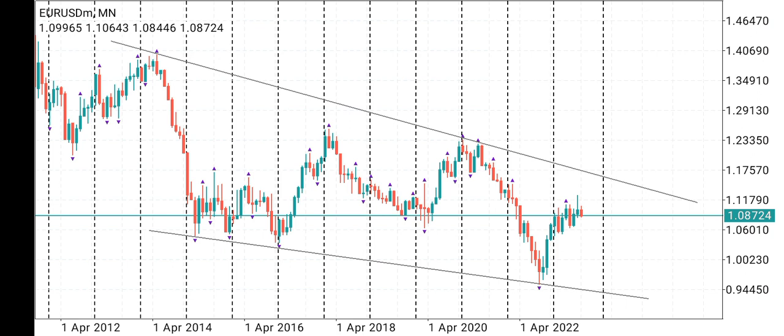So from the monthly outlook on EURUSD, from the channel here, you can see that EURUSD is still on a downtrend, still ranging between the channels on the monthly time frame.